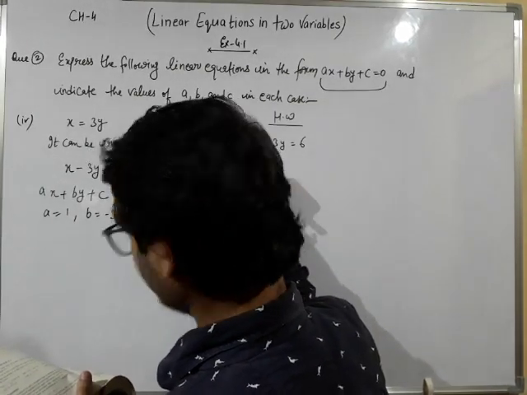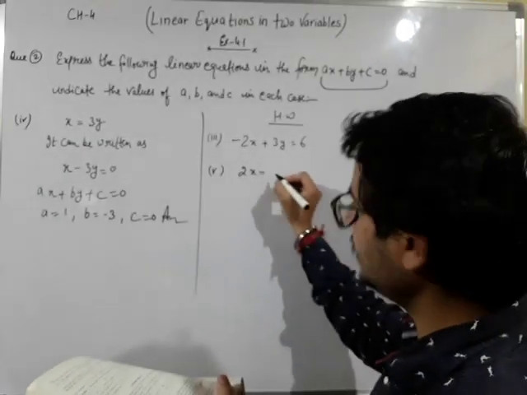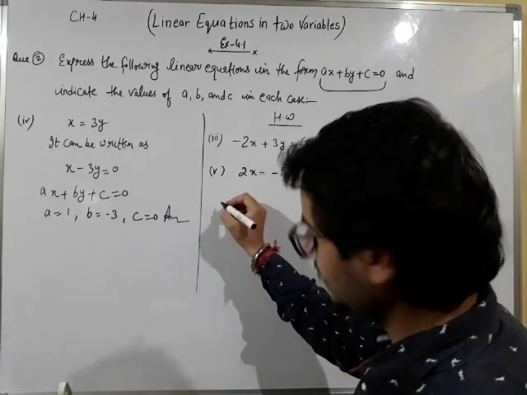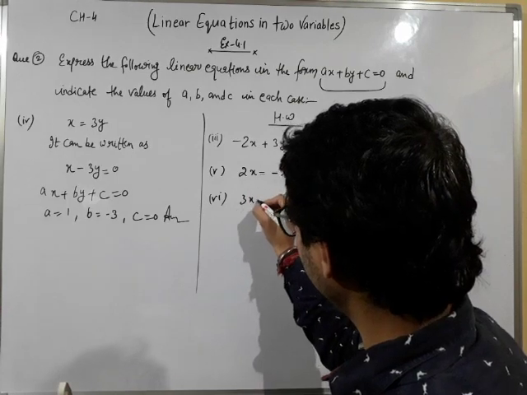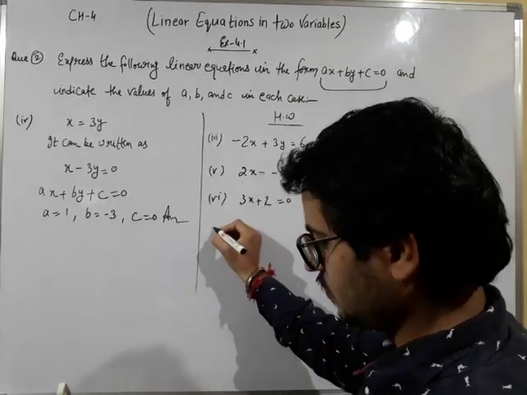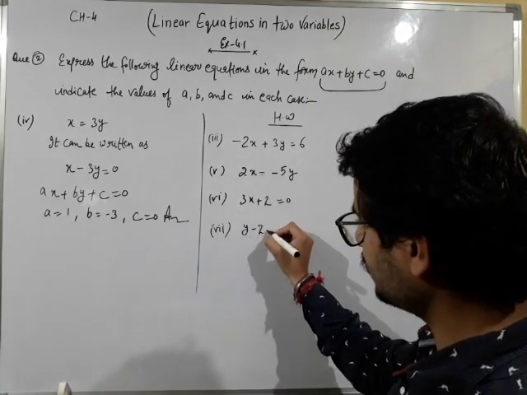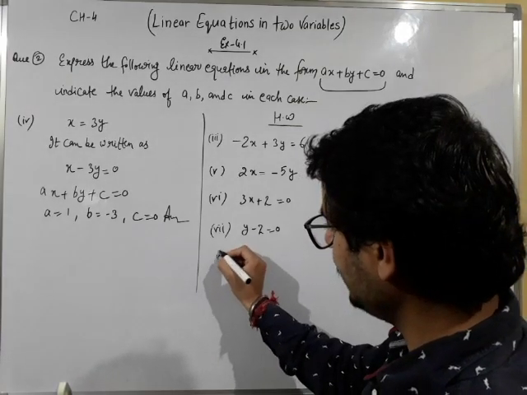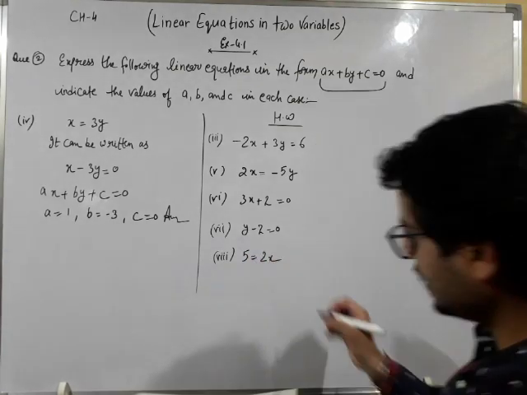Fifth part, 2x is equal to minus 5y. Sixth part, 3x plus 2 equals 0. Seventh part, y minus 2 is equal to 0, and eighth part, 5 is equal to 2x.